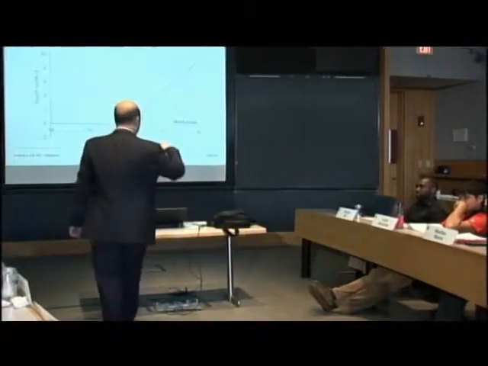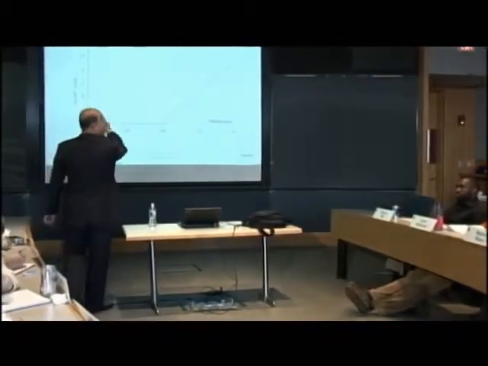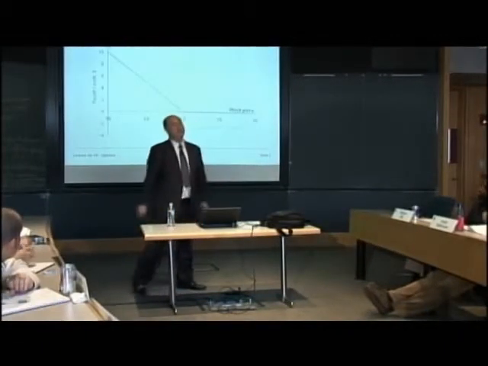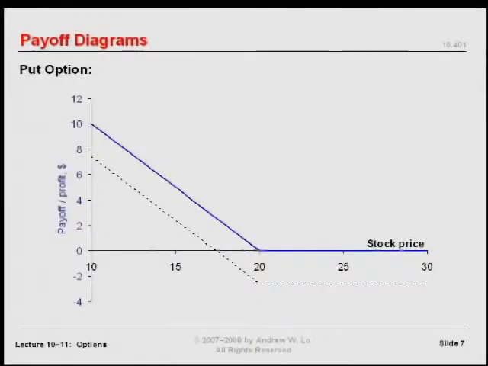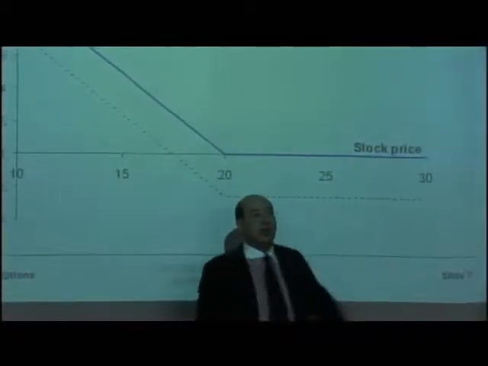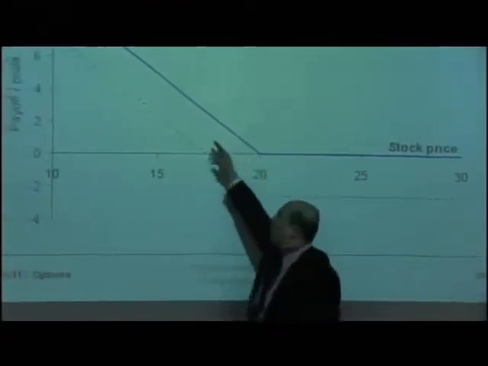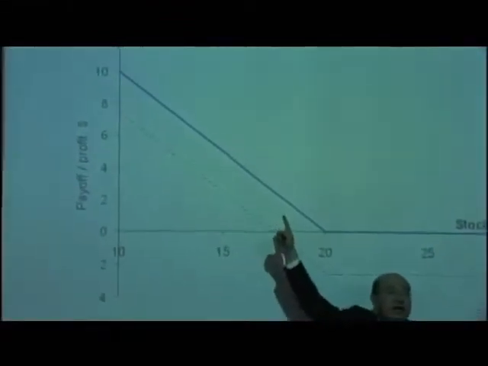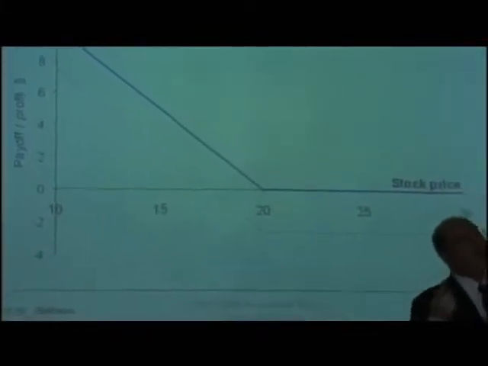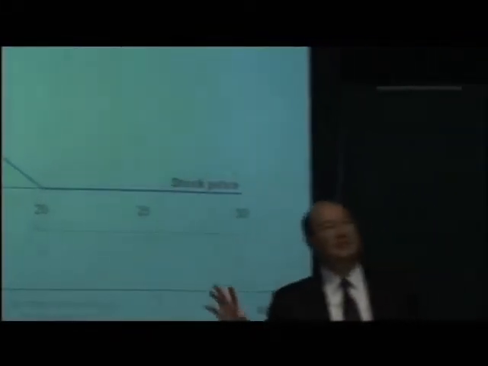So the payoff diagram is exactly the opposite of this. In fact, it looks like this. So now the blue line is the payoff of the option itself, the gross payoff, right? $20 and above, it's worthless. But $20 and below, this is the 45-degree line. But unlike the call option, my upside for the put option is limited.